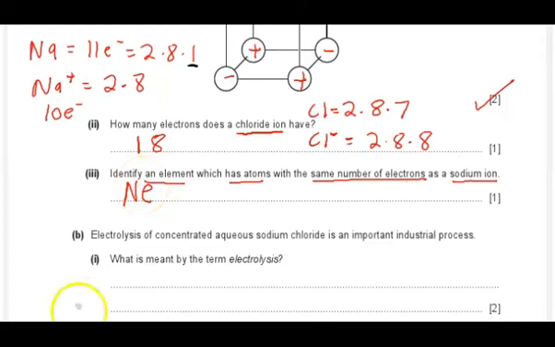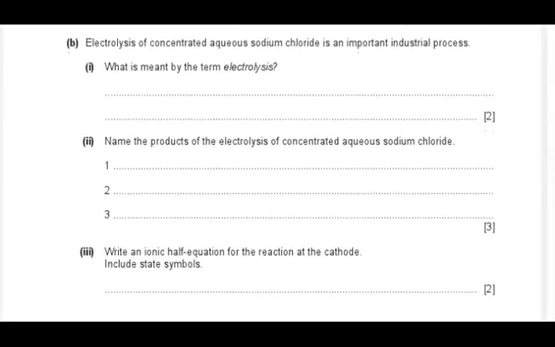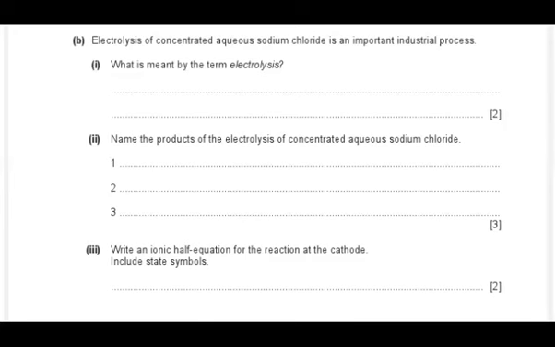Now the next one, electrolysis. Electrolysis of concentrated aqueous sodium chloride is an important industrial process. What is meant by the term electrolysis?